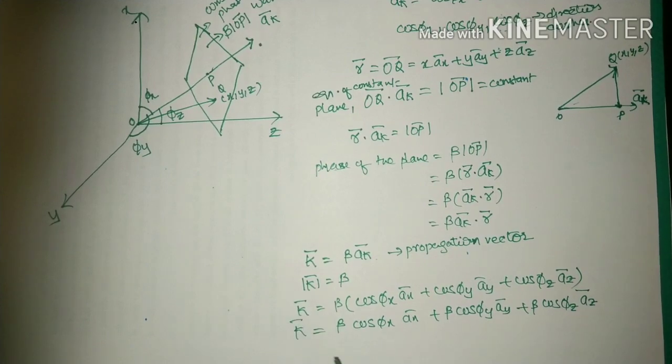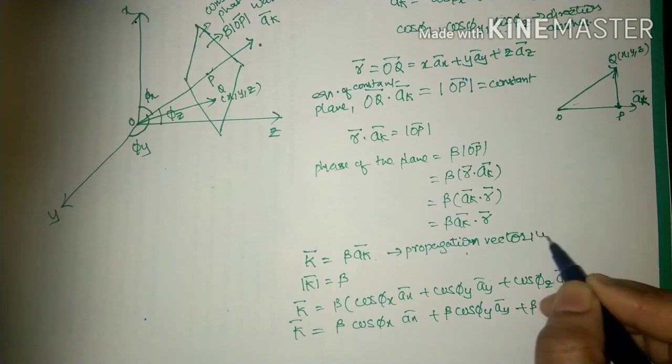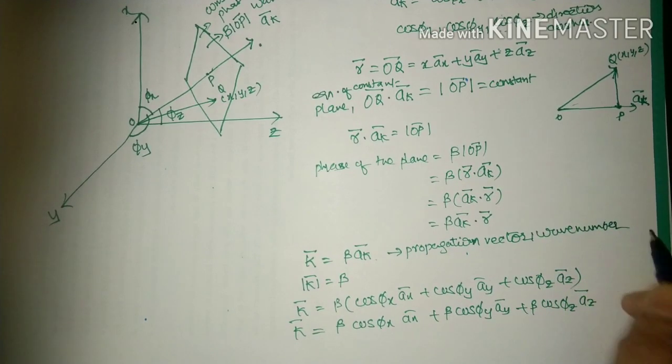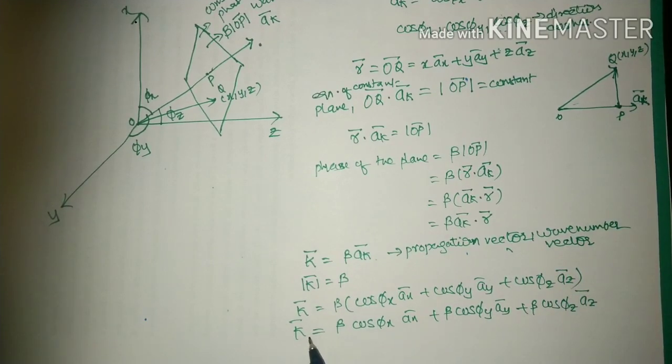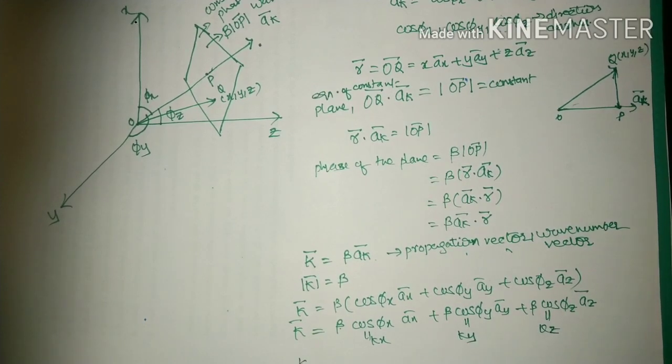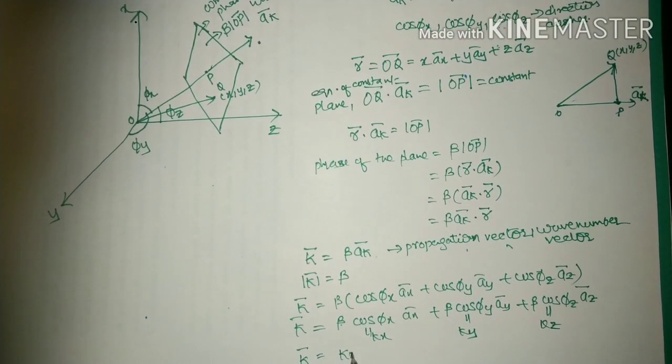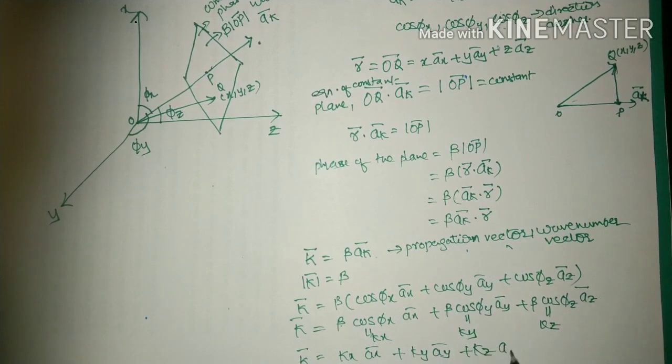So this is the propagation vector, which is also called the wave number vector. If you consider beta cos phi x equal to kx, beta cos phi y equal to ky, and beta cos phi z equal to kz, then you can write k bar is equal to kx ax bar plus ky ay bar plus kz az bar.